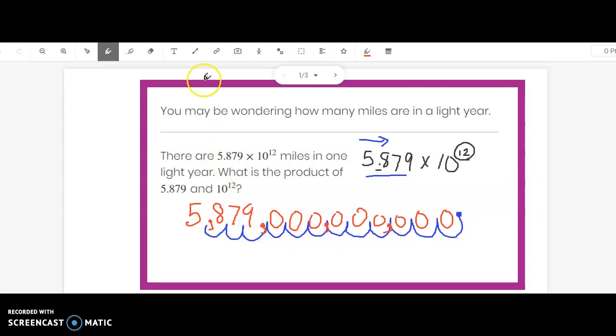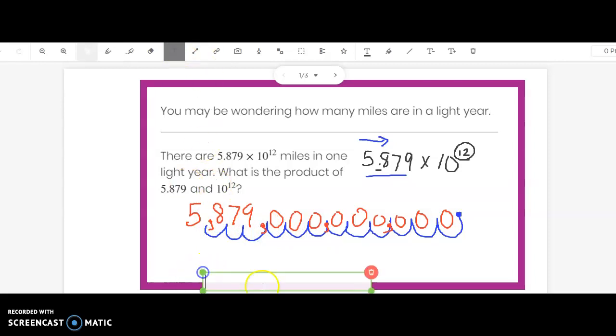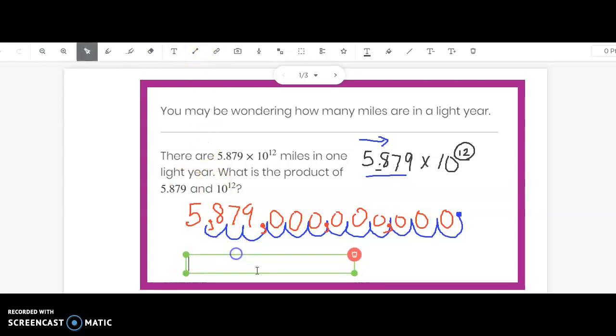And finally, just to make sure I have it all straight, I'm going to put a text box down here so I can type my number out. So it is 5,879, and then 1, 2, 3 zeros, 1, 2, 3 zeros, and 1, 2, 3 zeros.